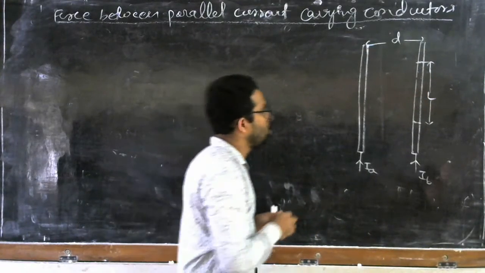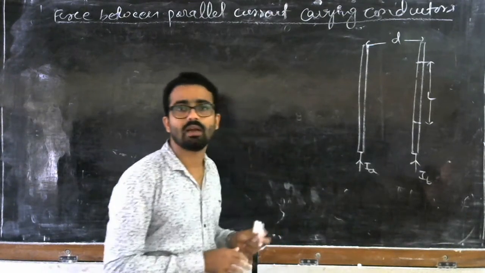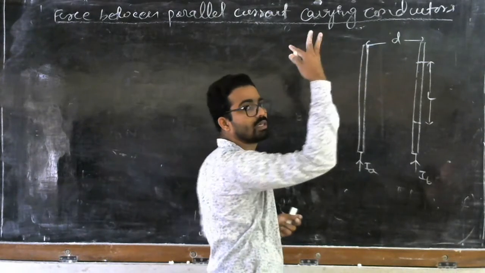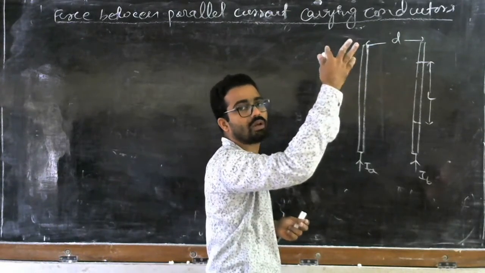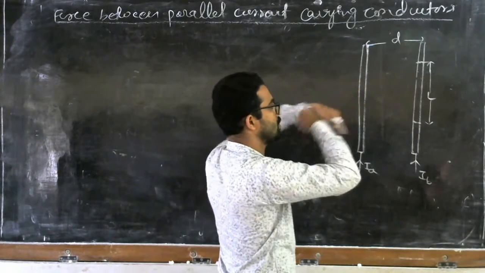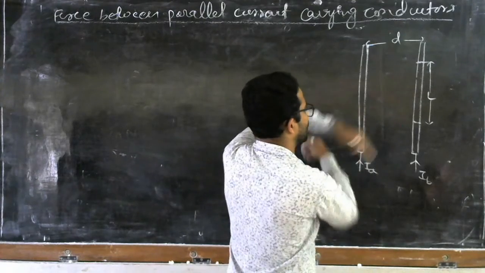What will be the direction? Then you have to apply the right hand rule. If you hold the object in your right hand, the thumb represents the direction of current, and the curled fingers represent the direction of magnetic field. It will be like this.